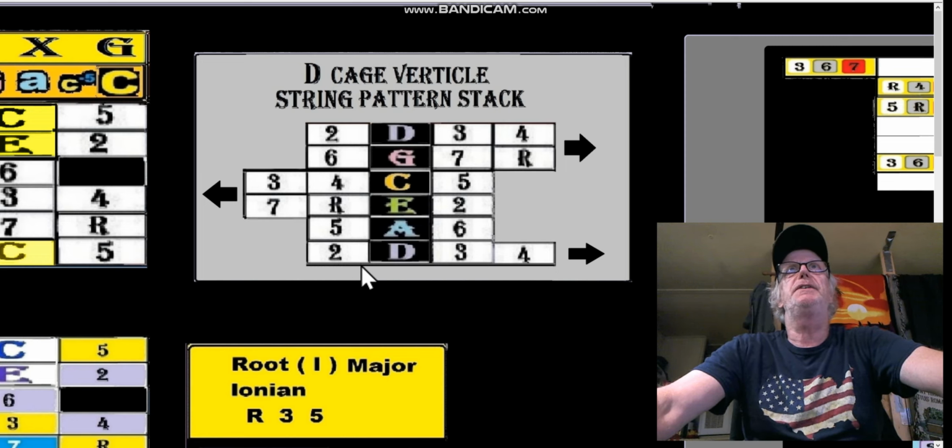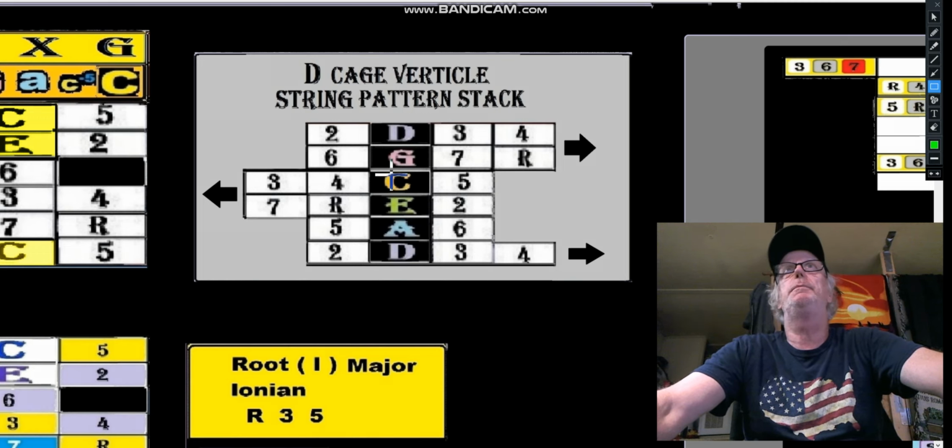If it was the key of D, then the fret nut would be here, and you wouldn't be able to play these notes here.